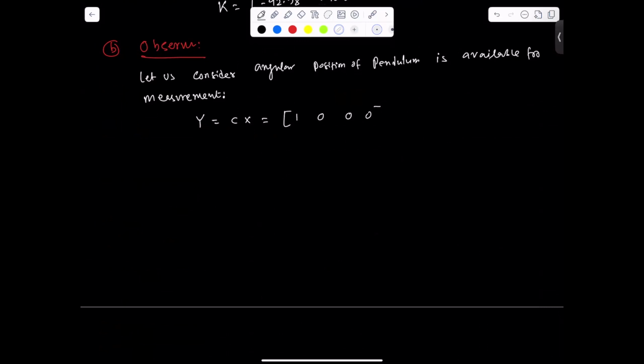That's it. So y equal to theta. We are assuming this. Now, based on this assumption, let's check whether the system is observable or not. So check observability.